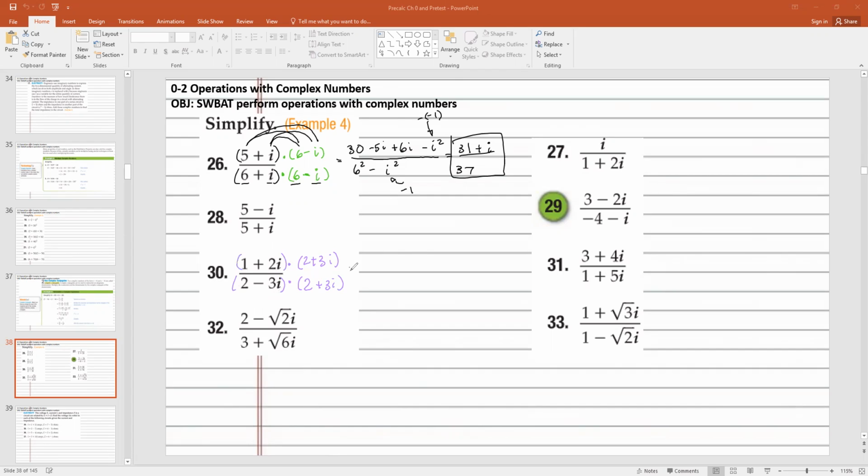All right, and what do we get? You get 1 times 2, and then 1 times 3i, so 2 plus 3i. Then 2i times 2 gives 4i, and 2i times 3i is 6i squared.